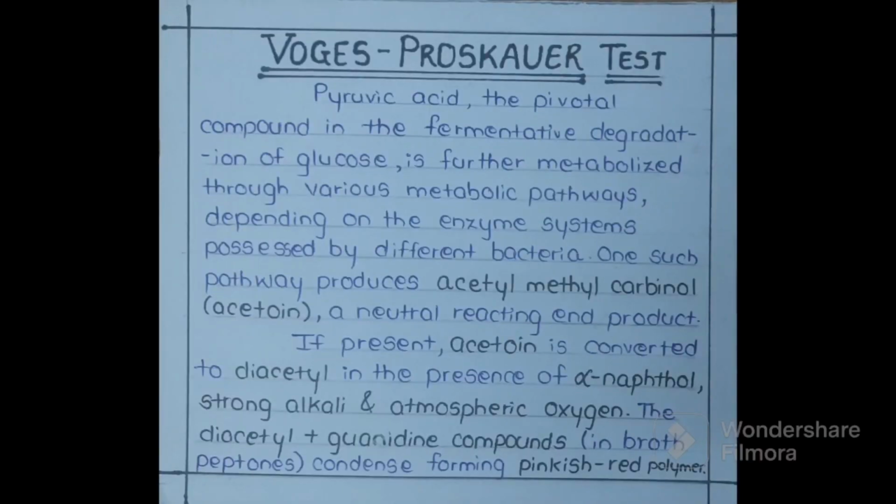The third biochemical test is the Voges-Proskauer test. Pyruvic acid, the pivotal compound in the fermentative degradation of glucose, is further metabolized through various metabolic pathways depending on the enzyme systems possessed by different bacteria. One such pathway produces acetyl methyl carbinol, that is acetoin, a neutral reacting end product.